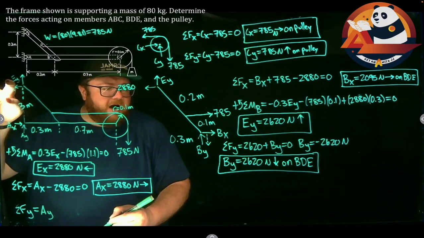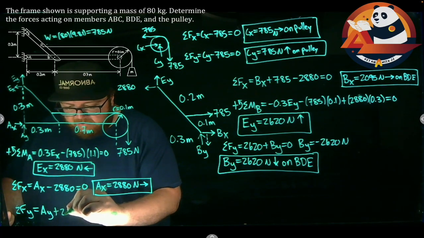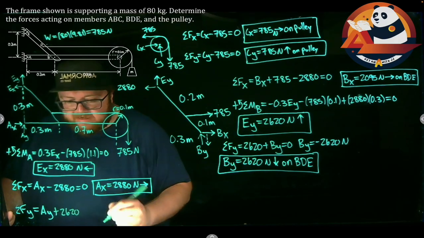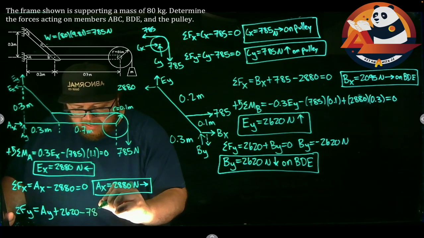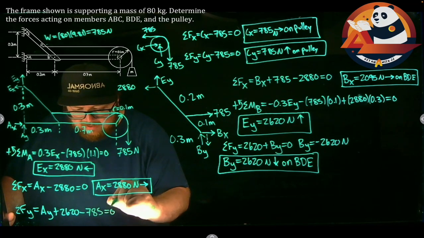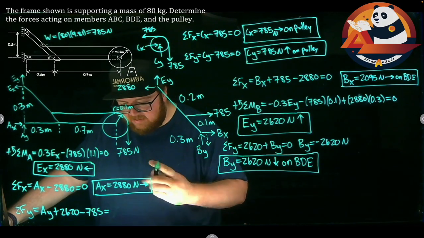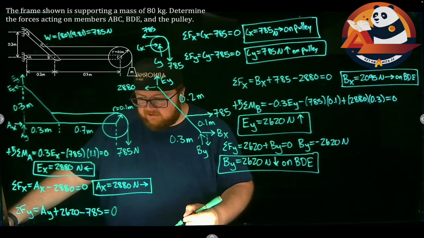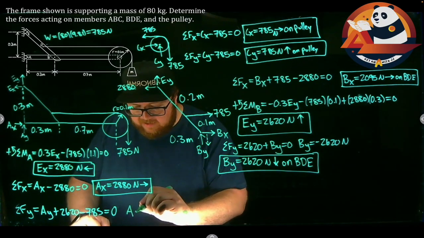I would have EY going up. I know that's 2620 plus 2620. And I have the weight coming down, minus 785 equals 0.